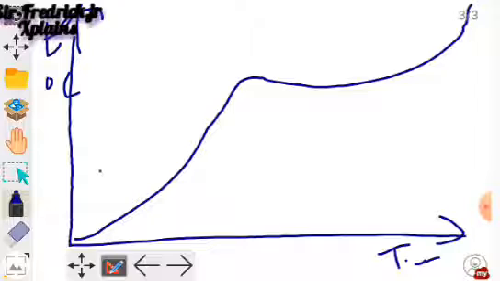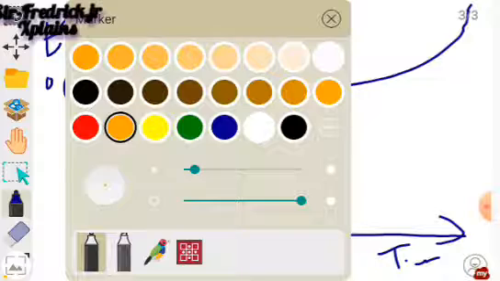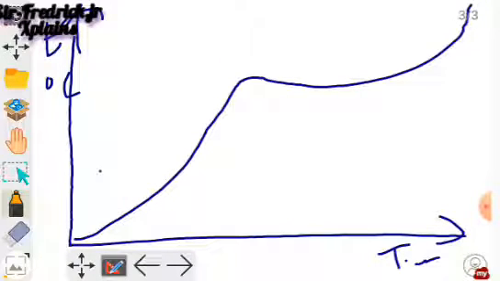If I were to ask you what is the melting point of this one, you can't tell. Maybe the melting point started from this side up to there.